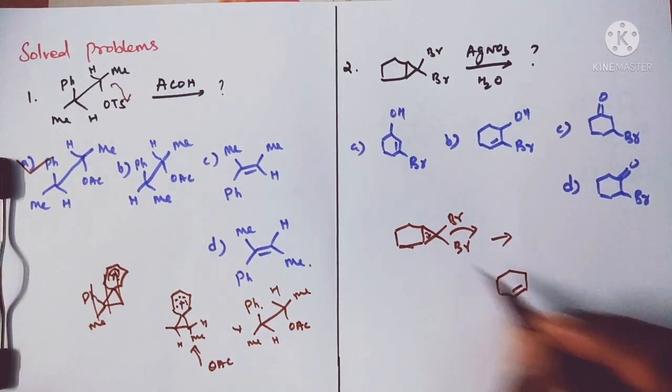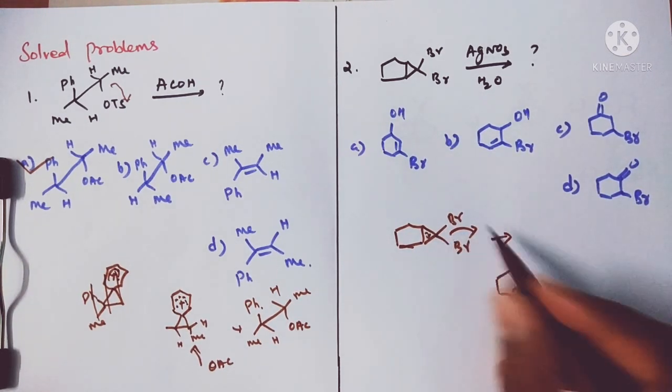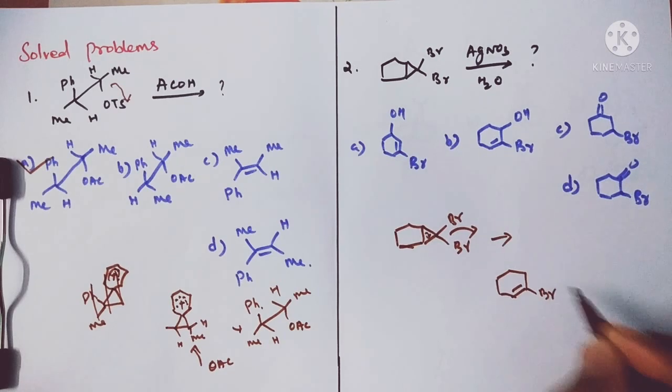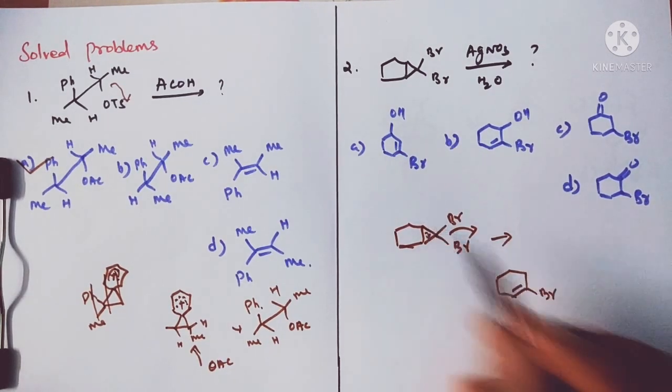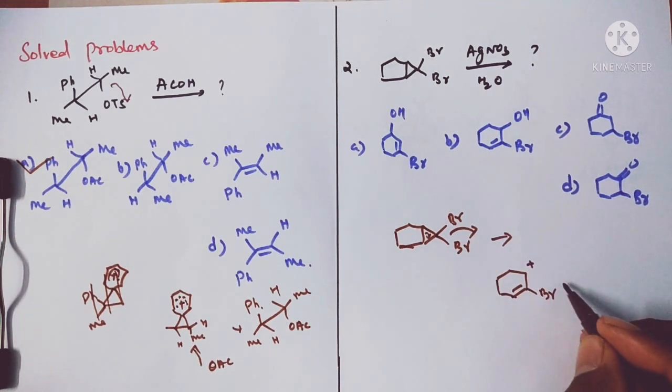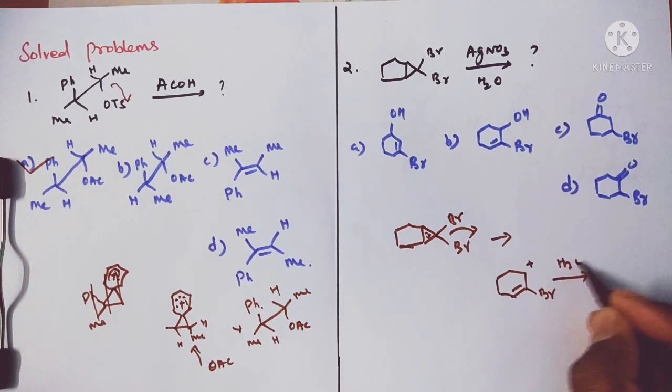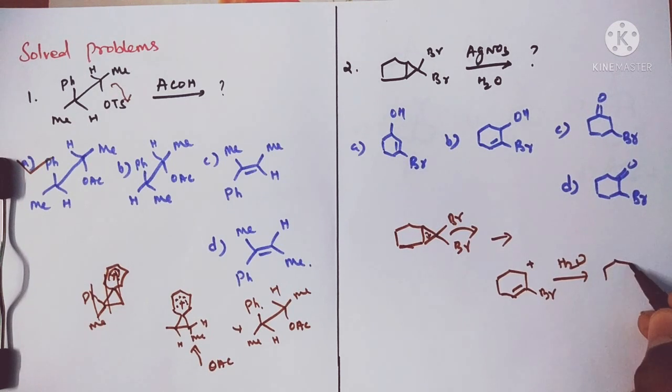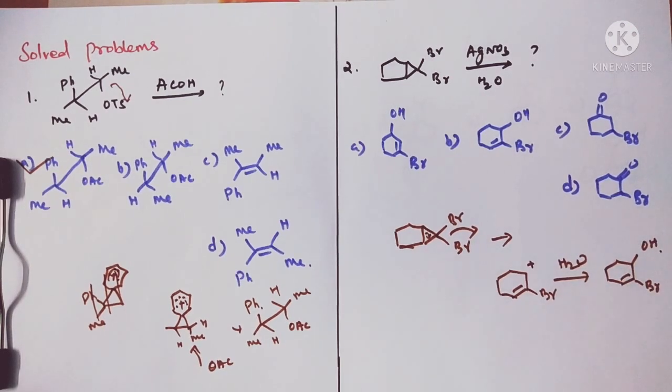So the position here is positive, and H2O forms the OH. So the correct product is B.